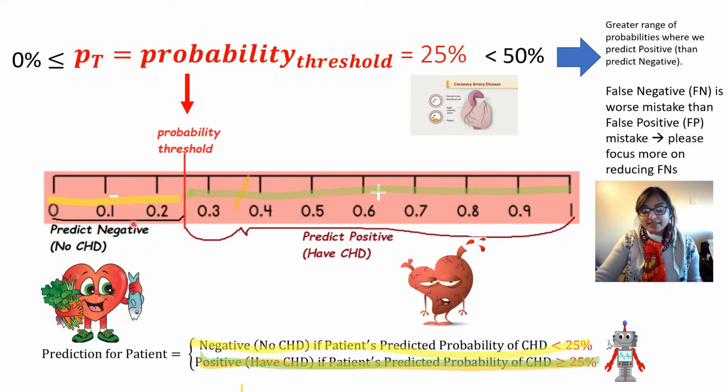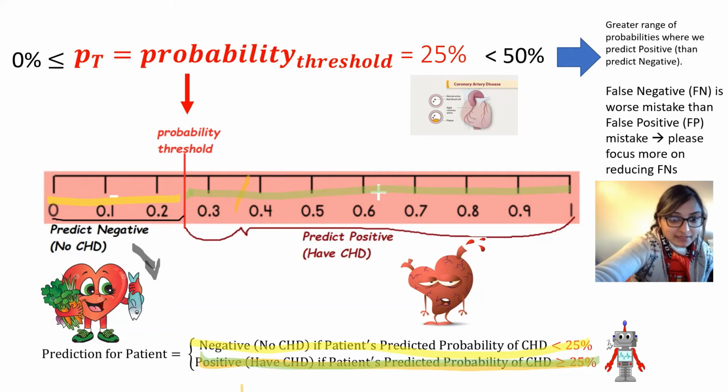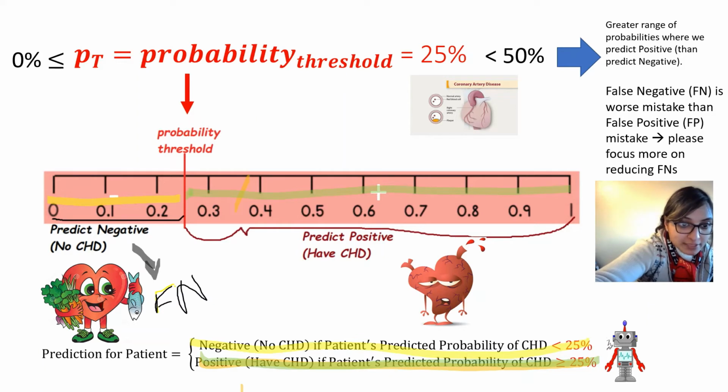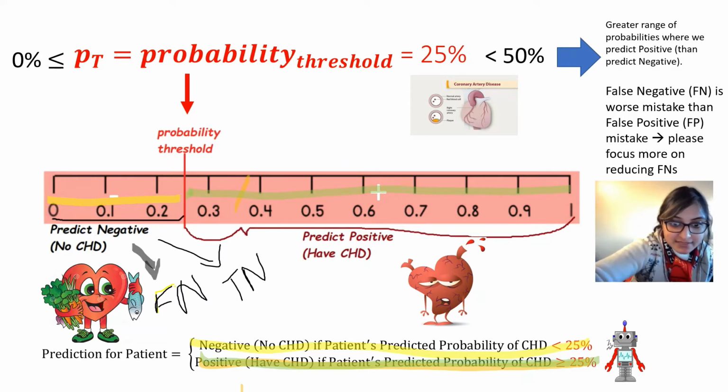Because if we predict negative, it can result in a false negative or a true negative. But predicting positive would lead to either a true positive if it's correct or a false positive.